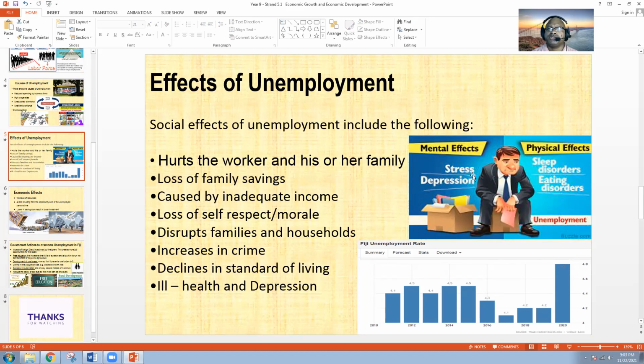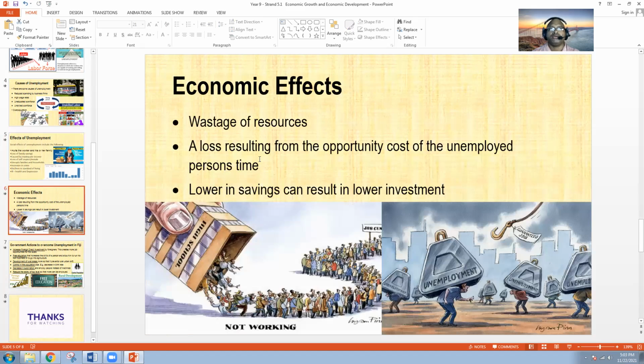You can see this person here being stressed, with sleep disorder and eating disorder due to unemployment. We have an increase in crime and a decline in standard of living. On the chart here, from 2010, the unemployment rate increased in 2020. We know it is because of the COVID-19 lockdown.